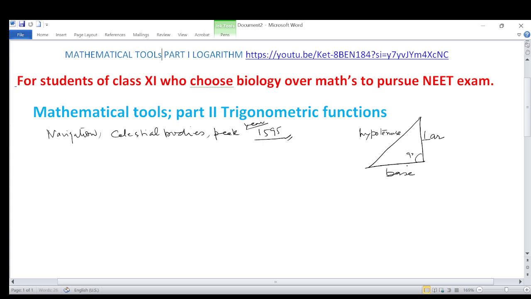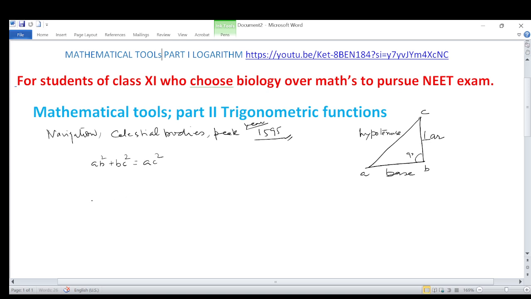So Pythagoras formed a relation between these edges. Let them be A, B, and C. He said that AB square plus BC square is equal to AC square, meaning base square plus perpendicular square is equal to hypotenuse square.